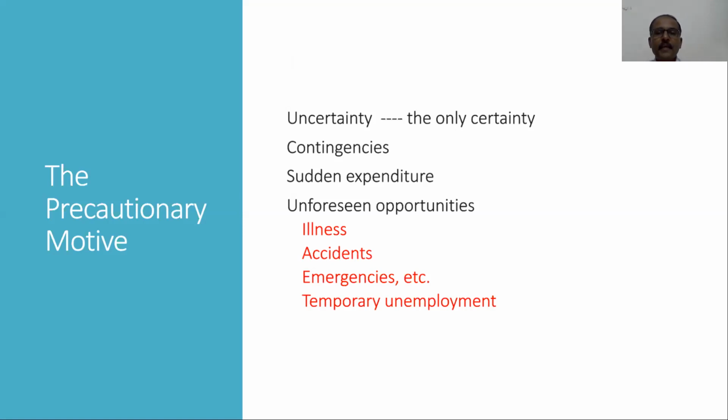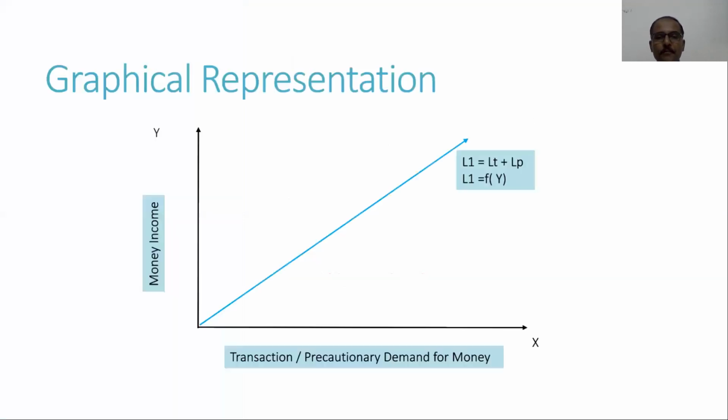One believes in maintaining the existing standard of living, and you will be able to do so if you possess money in good quantum today, so that tomorrow's challenges can be faced. That motive, or the money demanded with that motive, is known as the precautionary motive.